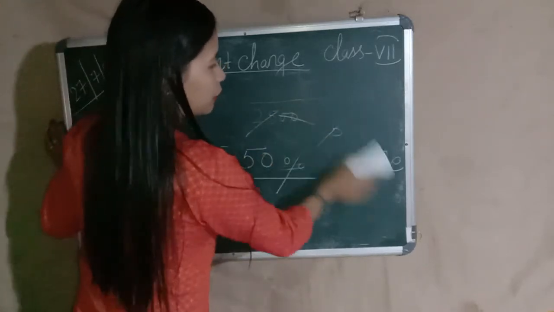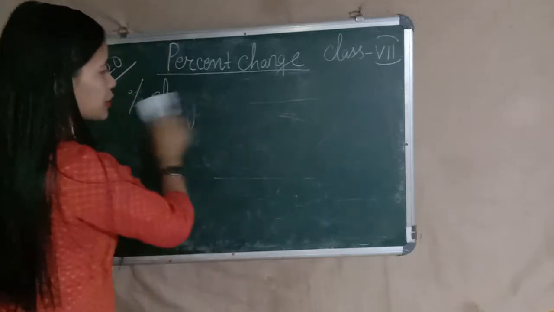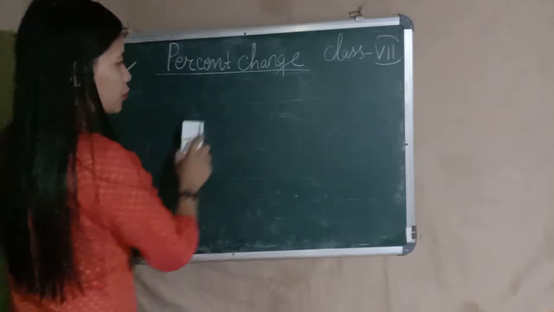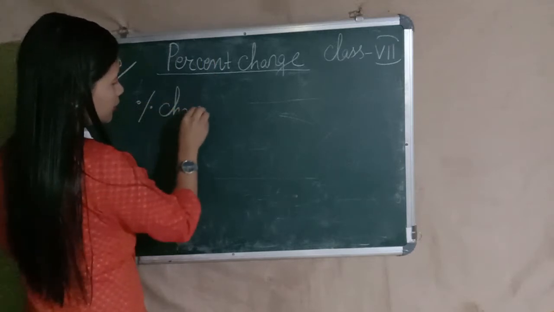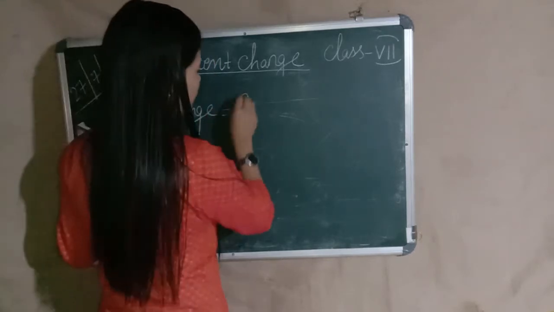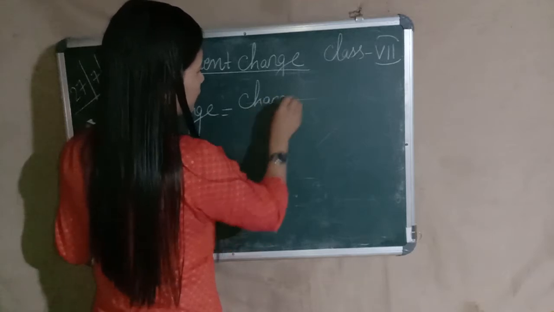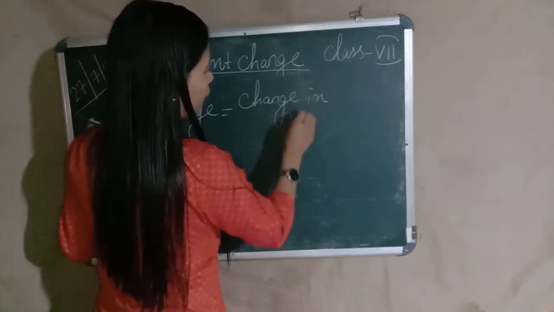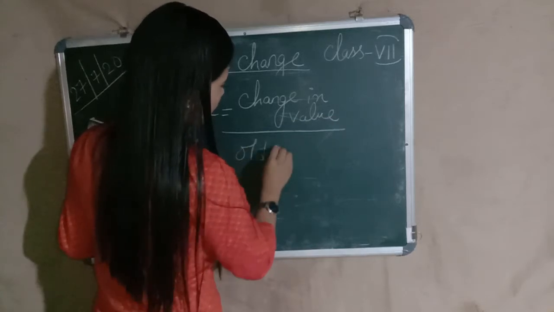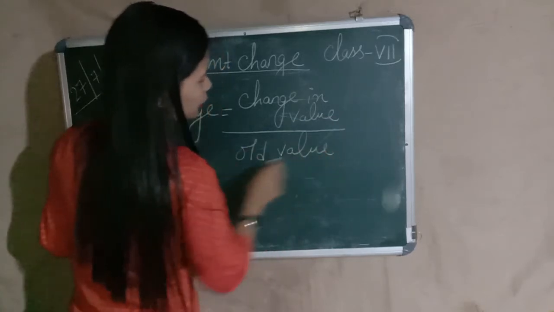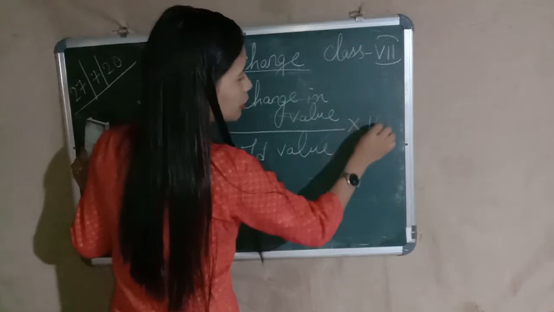I'd like to give you one formula for this percent change. I want all of you to note it down. Percent change equals change in value by old value, or original value, into 100.